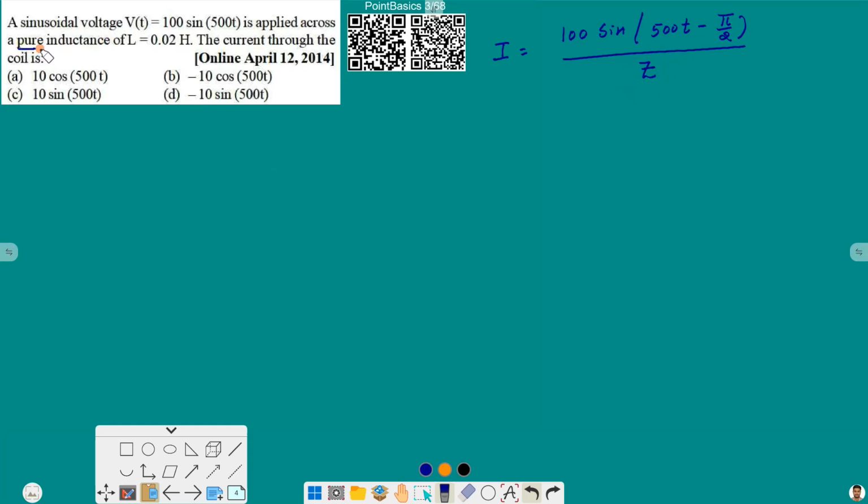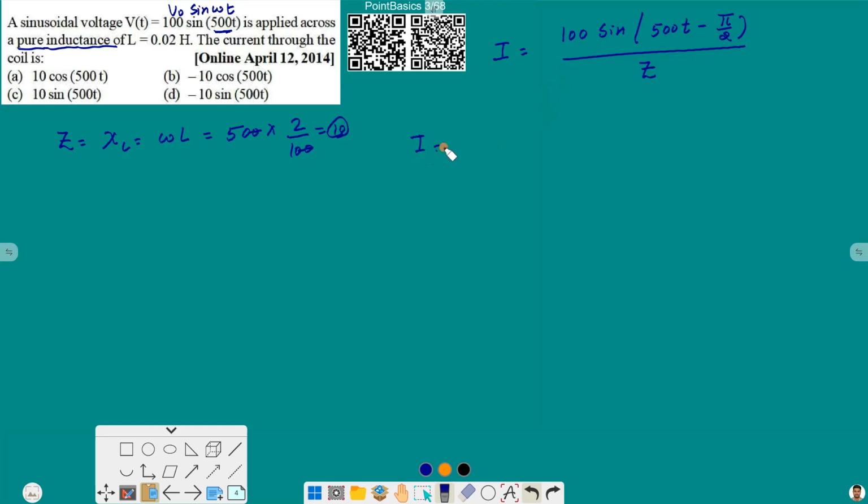As mentioned, it is a pure inductance circuit, so there is no resistance, so Z will be equal to XL, and XL is equal to omega times L. Omega is 500 because it is V naught sin omega t, and L is 2 by 100. So the Z value comes out to be 10.